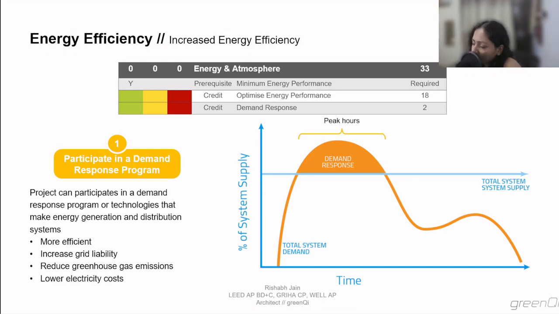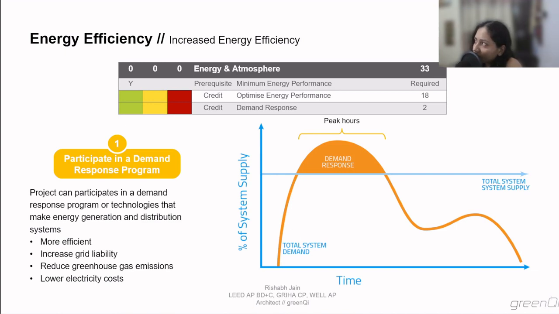We know that our energy demand throughout the day is not constant. It's continuously changing based on the processes and different kinds of activities that are happening, while the energy supply is actually constant. So there are some peak hours during the day where the energy demand is higher than the supply.